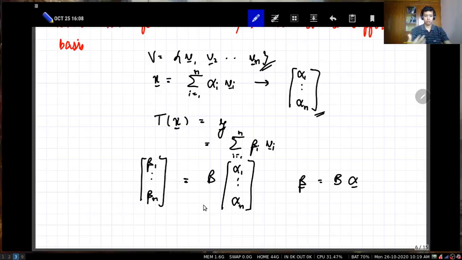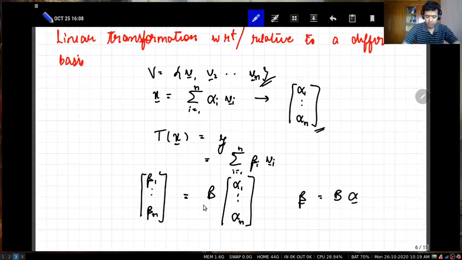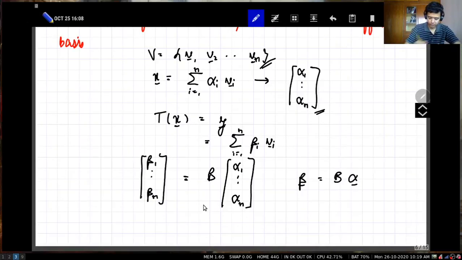And given an arbitrary linear transformation, you can have different matrices representing the same linear transformation depending on which basis you choose. And we'll see that two given matrices represent the same linear transformation relative to different bases if and only if they're similar. Okay.